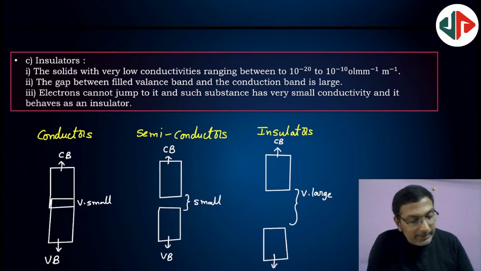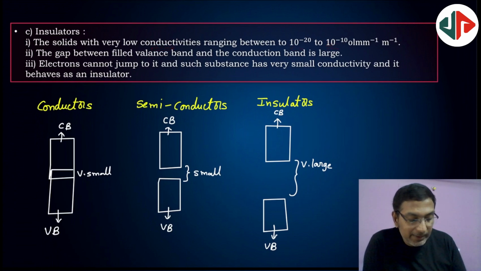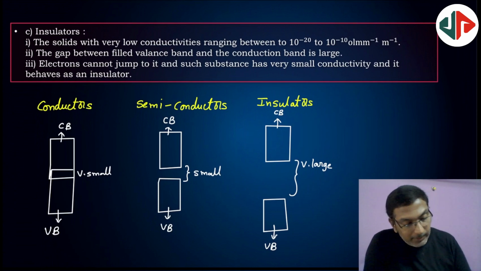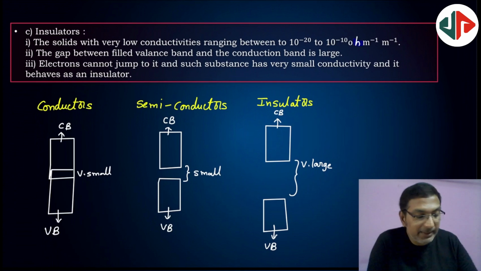Next, insulators. So conductance values are very low. Both are minus values here. 10 power minus 20, 10 power minus 10. Easy to remember. So here Ohm inverse must be there. Ohm inverse, meter inverse.